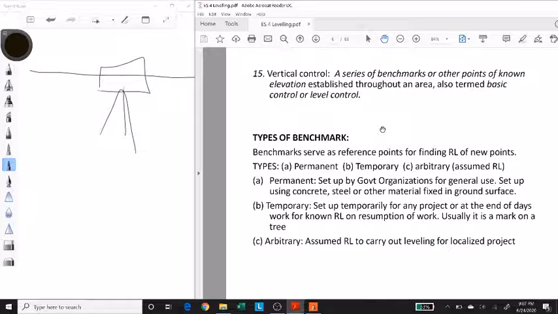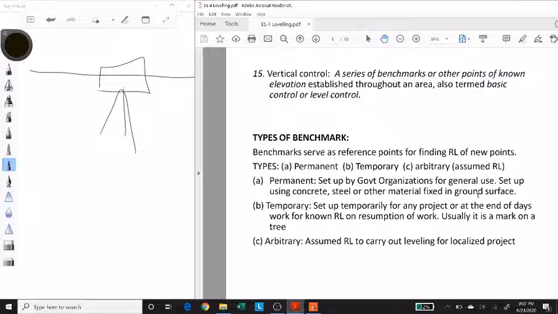Now we can have different types of benchmarks. We can have a permanent benchmark, temporary, or arbitrary. So a permanent benchmark is the one that is set up by government organizations for general use, and usually they locate it using permanent concrete pillars or steel or other material fixed in the ground. So that is done by the government organizations, Survey of Pakistan in our case.